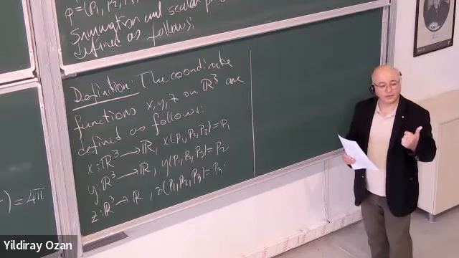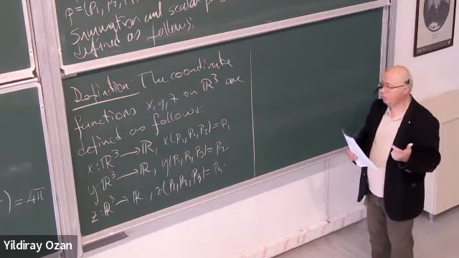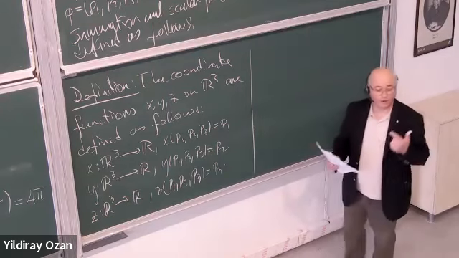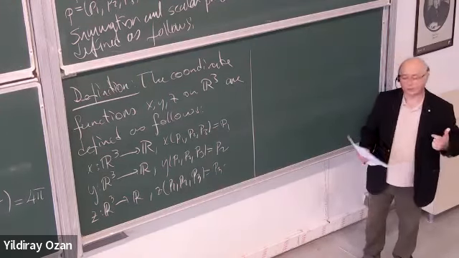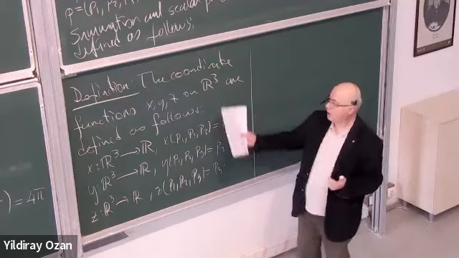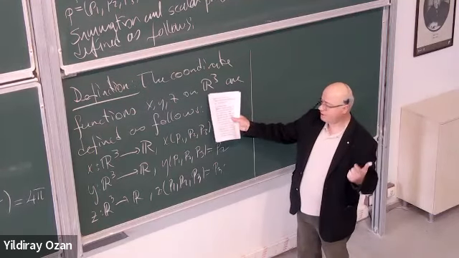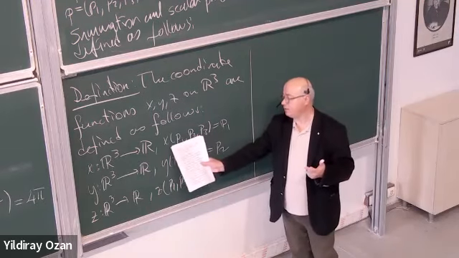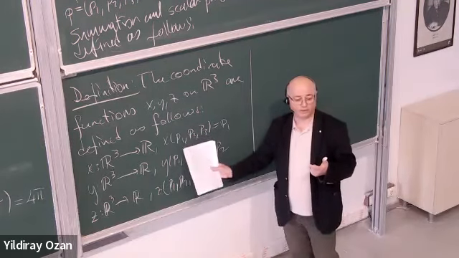So for us, coordinates are actually some functions on the set of points. Okay, x coordinate: R3 is the set of triples, and the x coordinate is just the first entry of that triple.